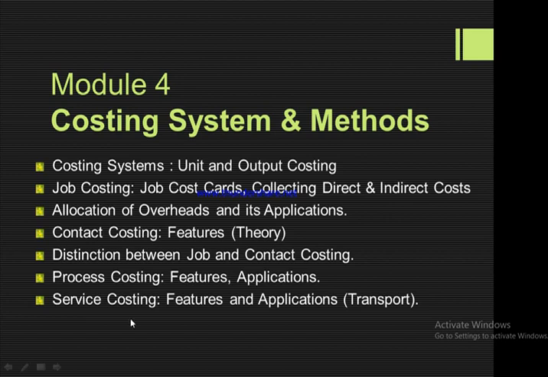Next we will move on to allocation of overheads and its application. Then we move on to contract costing, which is also part of job costing. Then the distinction between job and contract costing, and process costing, features and applications. Finally, service costing, features and application, more specifically with respect to the transport industry.